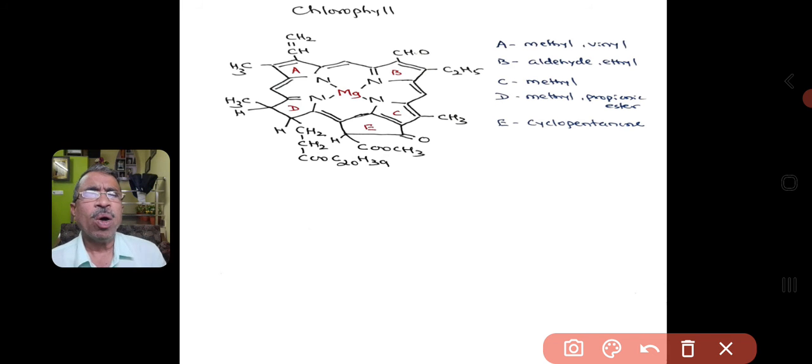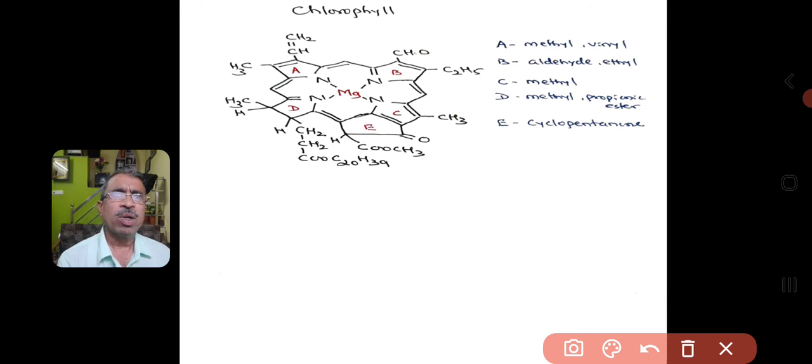And the D pyrrole is linked to the CH2, CH2, COOC20H39 group. At the center, instead of a ferrous ion, it contains a magnesium ion.